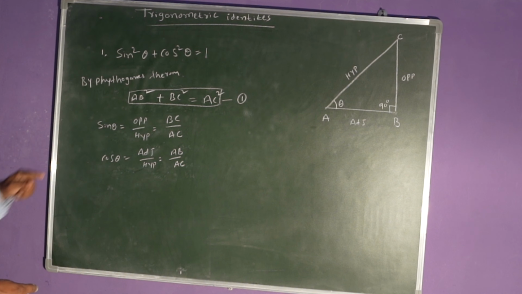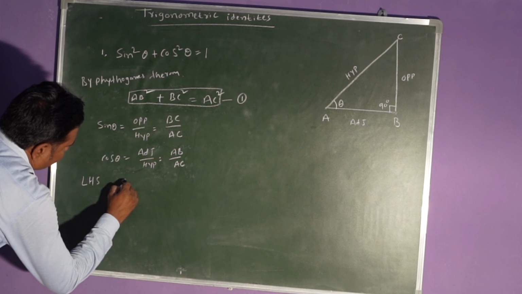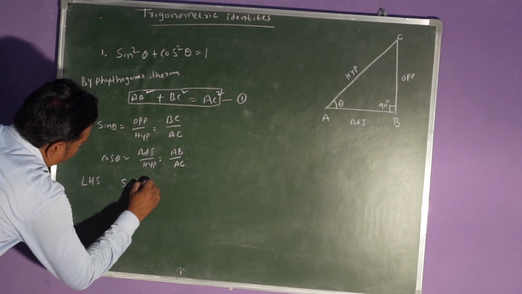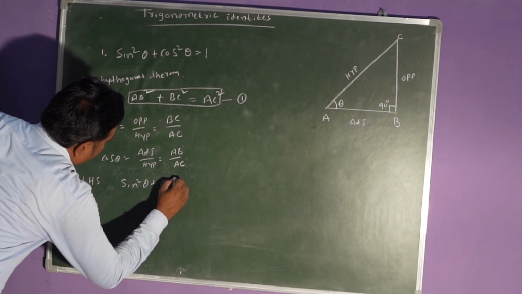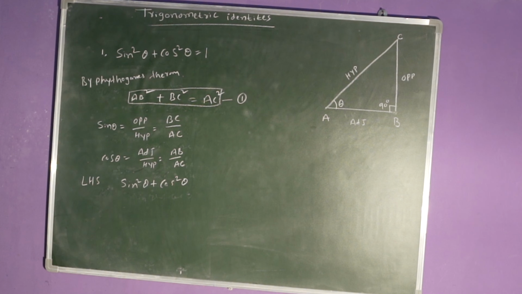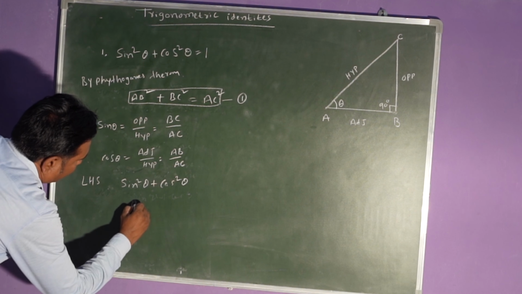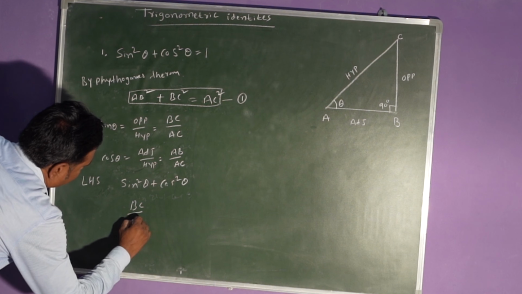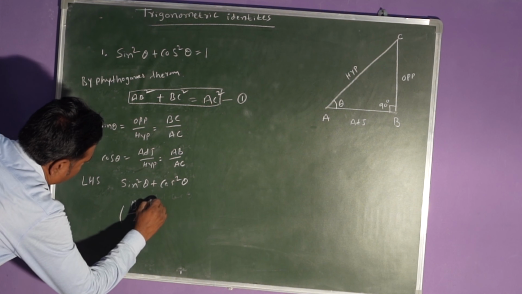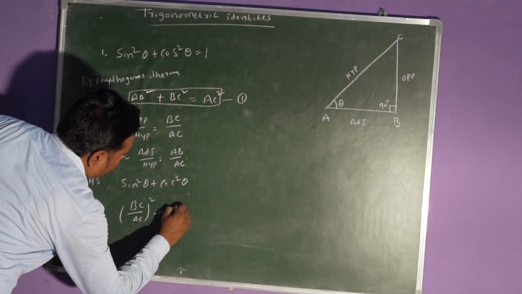Then the LHS is sin square theta plus cos square theta. Sin square theta means BC by AC whole square, plus cos square theta means AB by AC whole square.